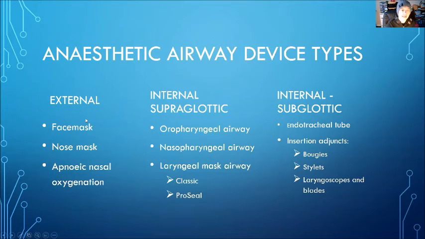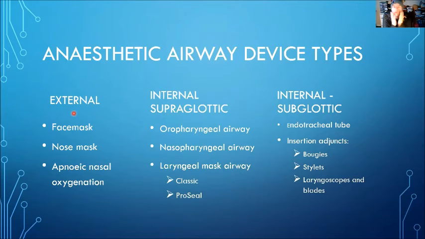So the external devices, let me see if I can get my spotlight back. The external devices are the ones that are on the outside of the airway. So they're non-invasive.